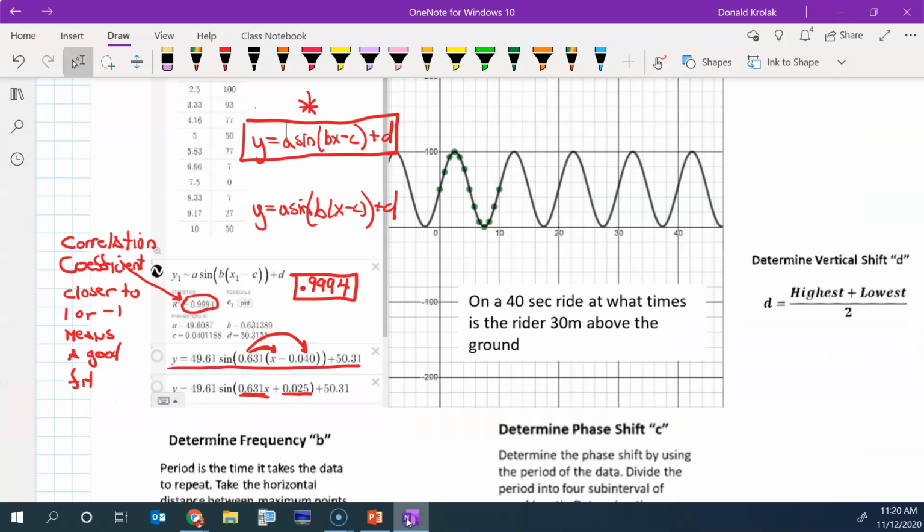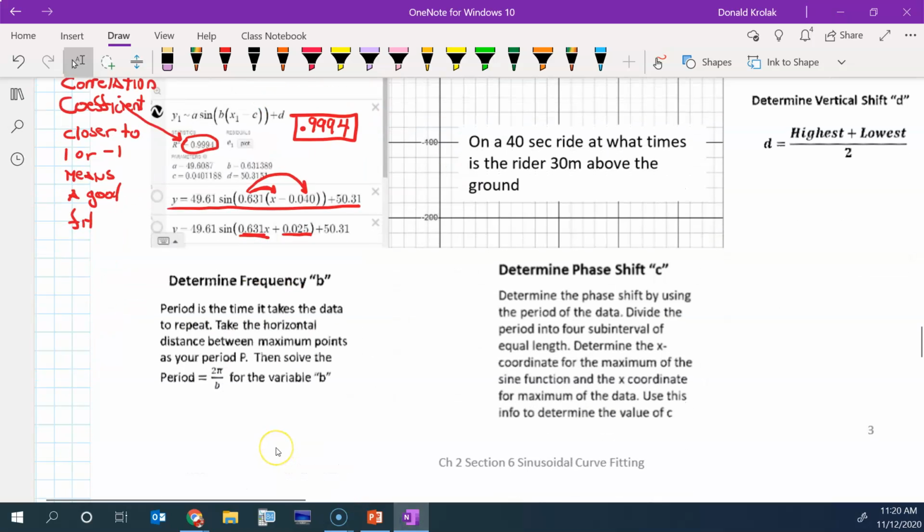The phase shift is actually disguised when it's written like that. So that's why we write it the other way, because it's easier to see the phase shift. So everybody look up here. That is the horizontal shift because of the way that we wrote it.